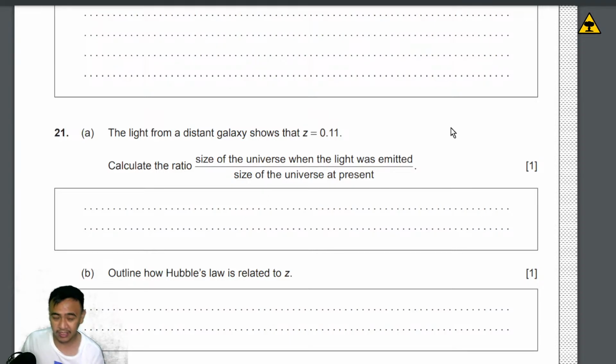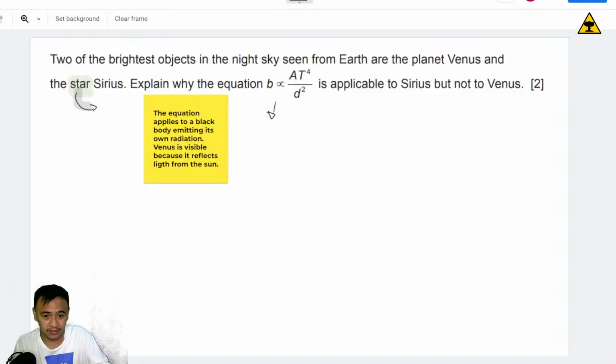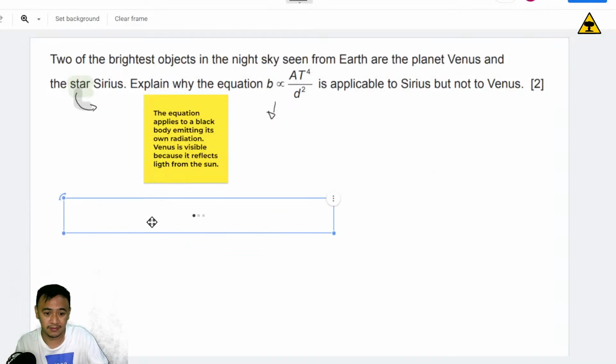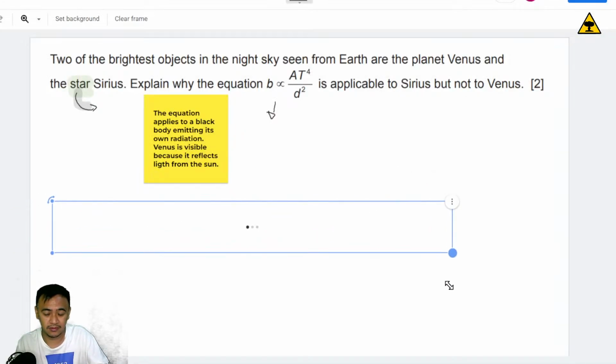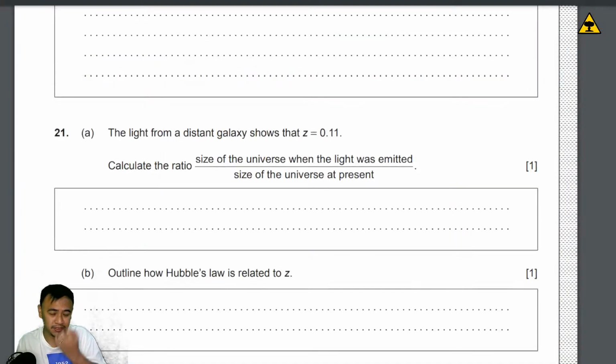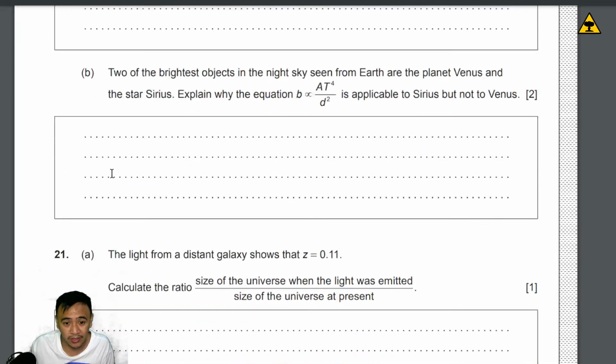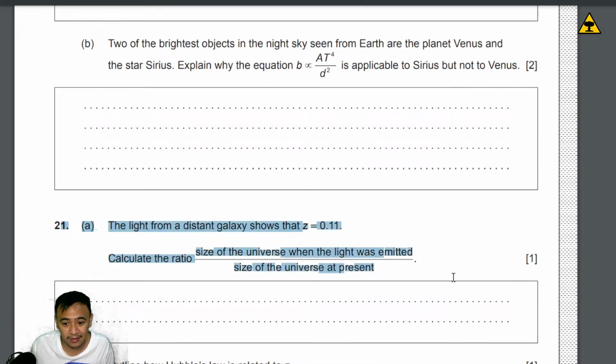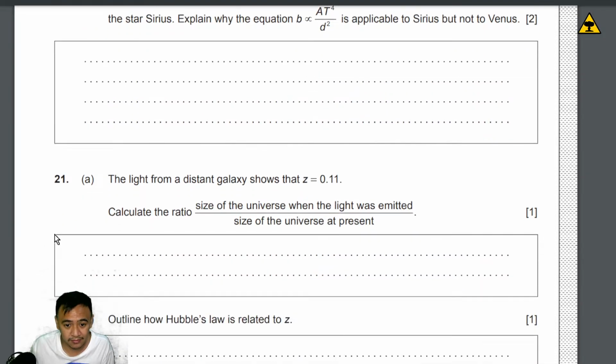Okay, you need to use a formula from the data booklet here. So go to the options. We're here in number 21. Calculate the ratio size of the universe.